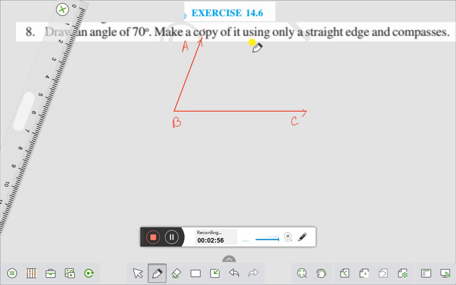Make a copy of it using only a straight edge and compass. You have to make a copy of this angle, that is angle of 70 degree, with the help of compass and ruler. Now we will make a copy of it using a straight edge, right?